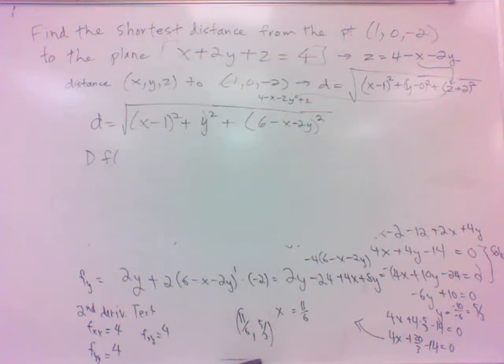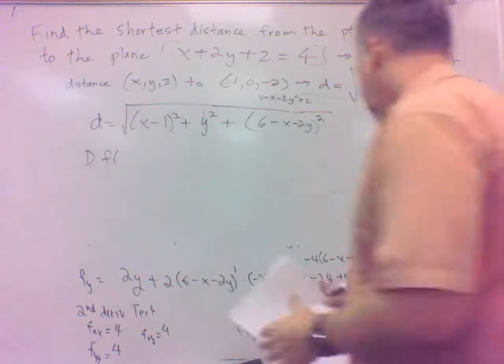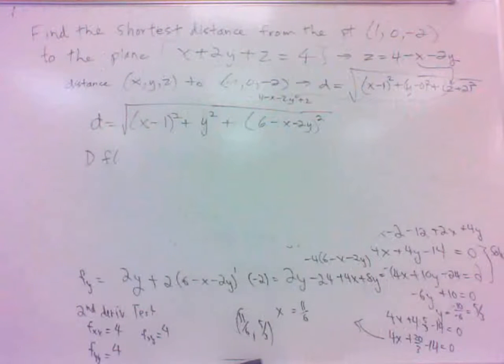The second partial derivative with respect to x is 4. The second derivative with respect to y is 4. Why is that? Should be coming out to 24.